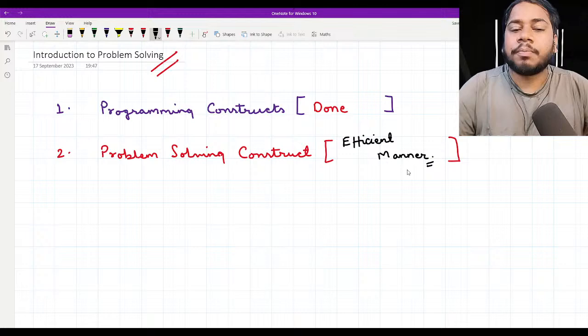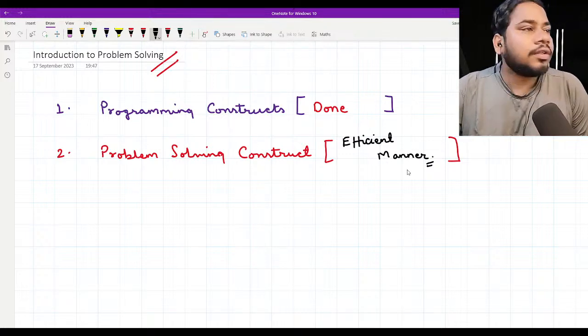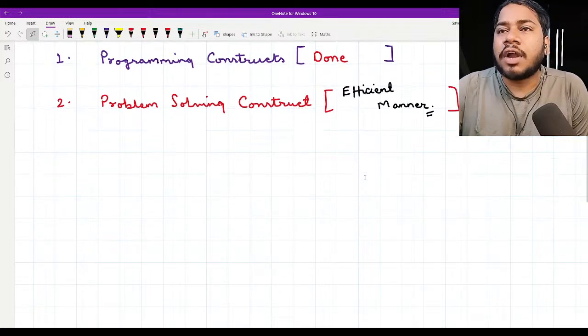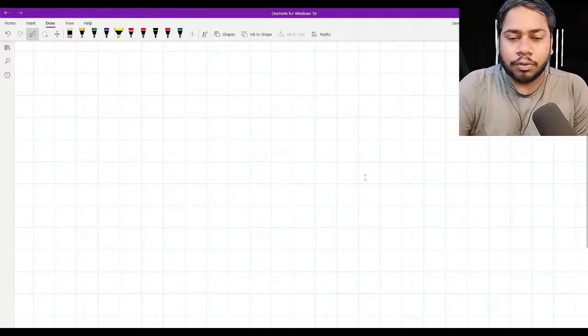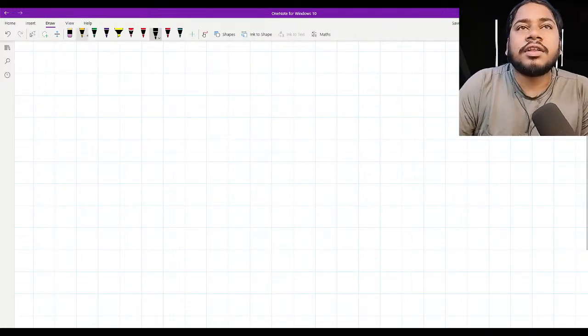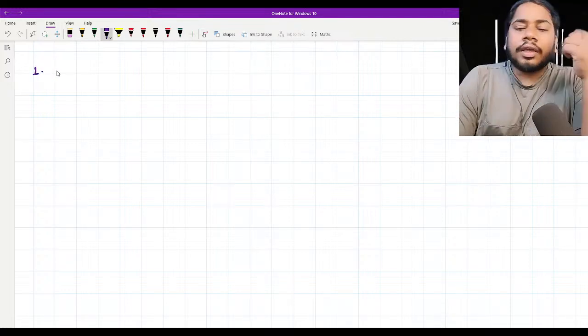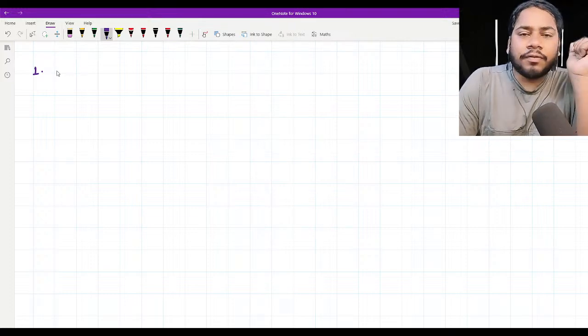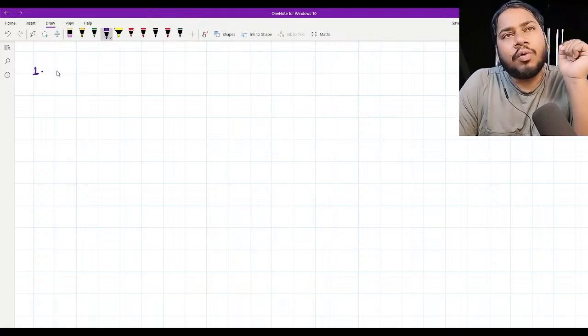Let's start with our first problem. This we have already covered, guys, but still, suppose a number n is given, and we have to count the factors of it.